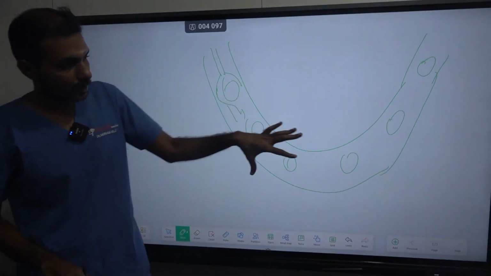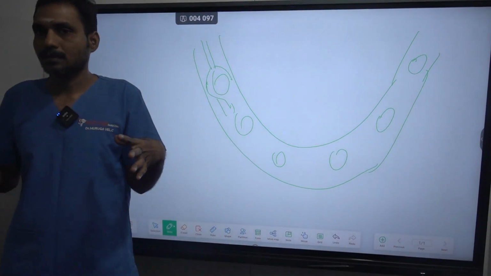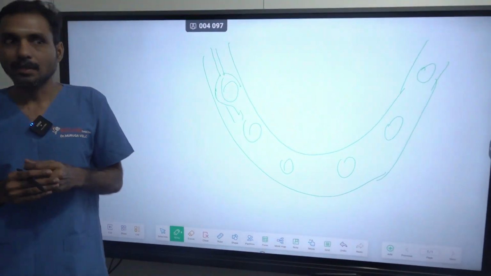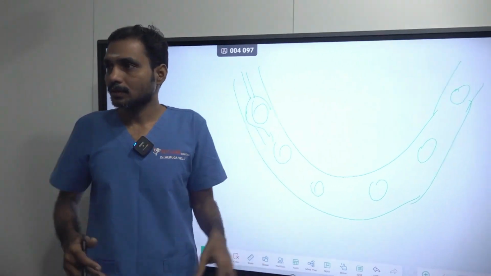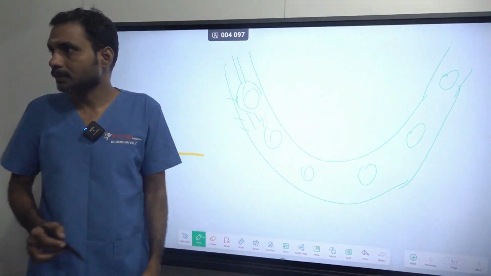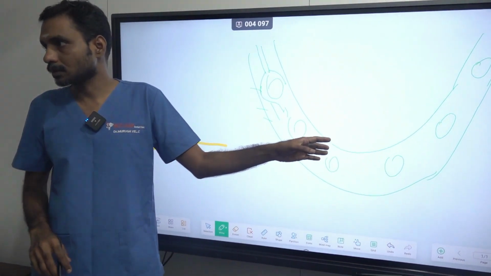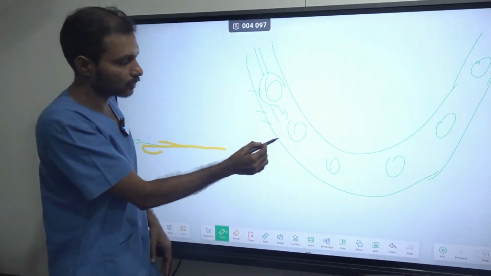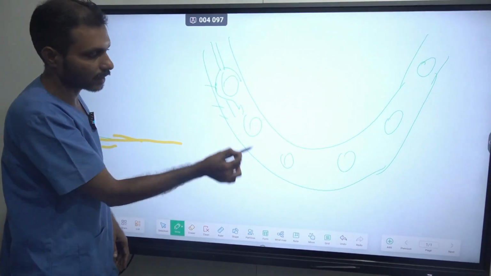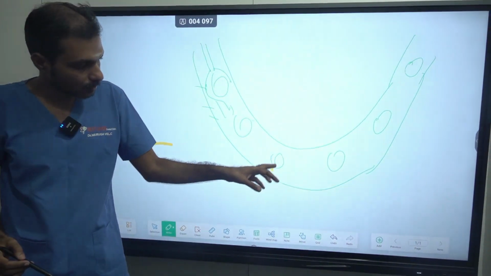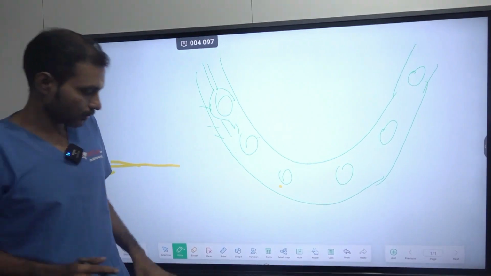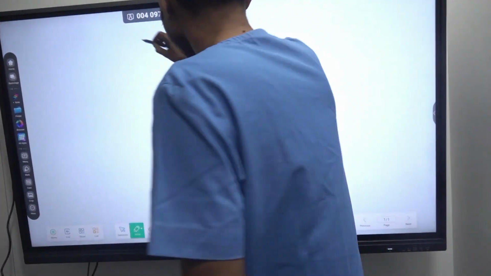Suddenly there are 6 metal pieces, 4 mm in diameter, standing in the way. Somehow the bone from the periosteum is not affected, the mylohyoid muscle is not affected. Somehow here also some space is there, here also some space is there, buccally, lingually, it goes, it survives. Now we'll see another situation.